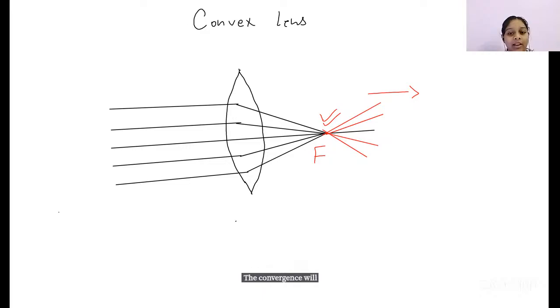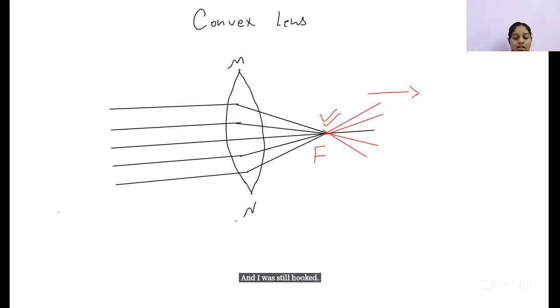In a convex lens, the light rays are sure to converge, and it will create a straight image. It will not create an upside down image, but a straight image. This is the lens, and I just mark the focus.